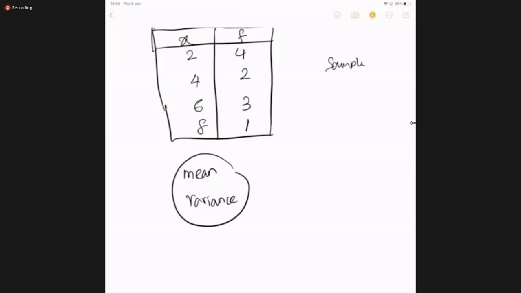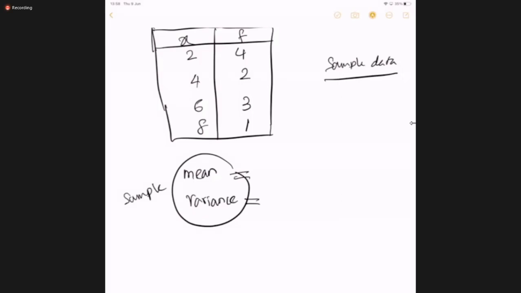It mentions whether we have population data or sample data. So in this case, we have sample data. That means we are asked to find the sample mean and sample variance. You need to understand by reading the question whether we have sample data or population data.